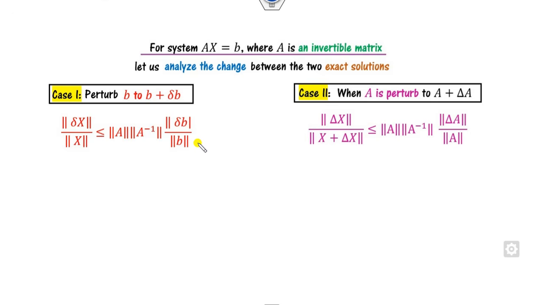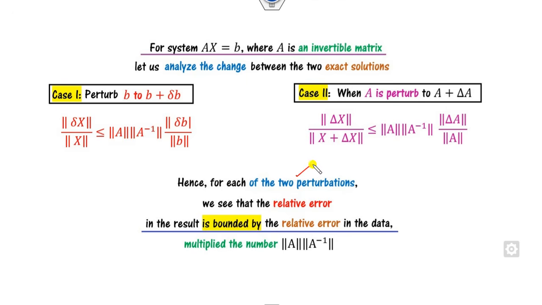We can see there are two different bounds on the system of equations. When you perturb the two systems, the relative error is bounded by the relative error of this. This is the relative change in A, this is the relative change in B, which is bounded by the relative error in the information multiplied by this number.